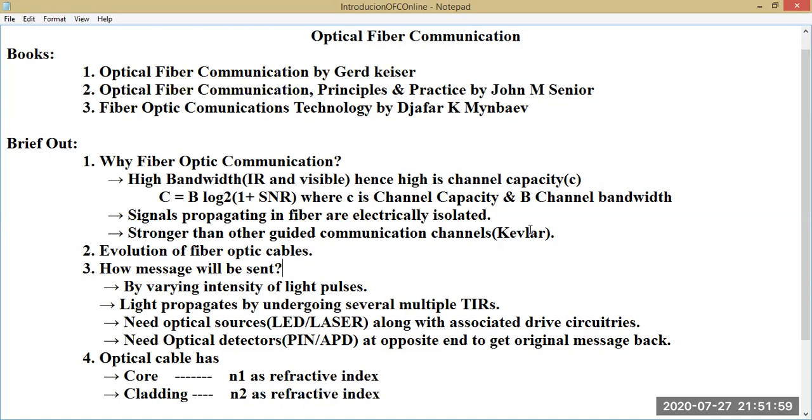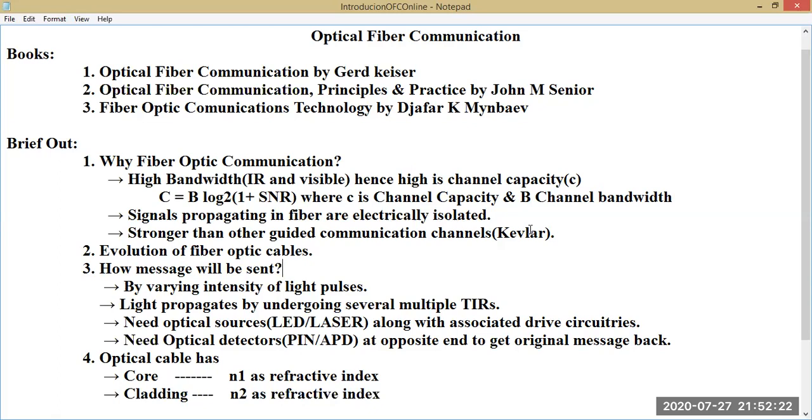Instead, coaxial cables were used then. And within 10 decades, optical fiber cables have been designed in such a way that their attenuation has drastically dropped from 10 decibels per kilometer to less than 1 decibel per kilometer.